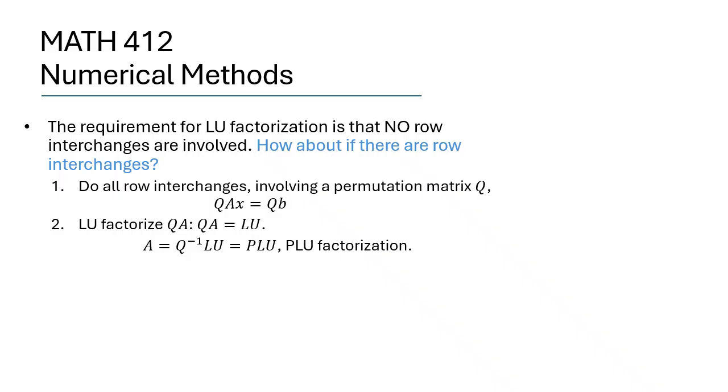Two steps. First, given that we know all the row interchanges beforehand, all the row interchanges will be E sub 1, E sub 2, up to E sub k. The accumulated operation is the product of all the necessary elementary operations, E sub k, E sub k minus 1, through E2, E1.